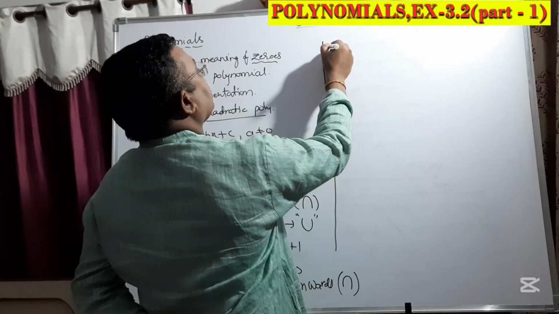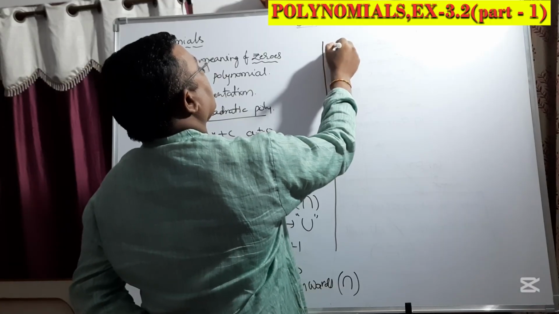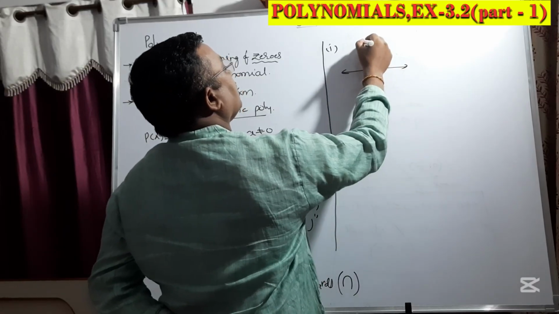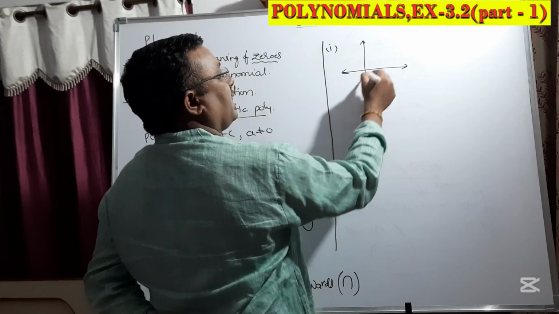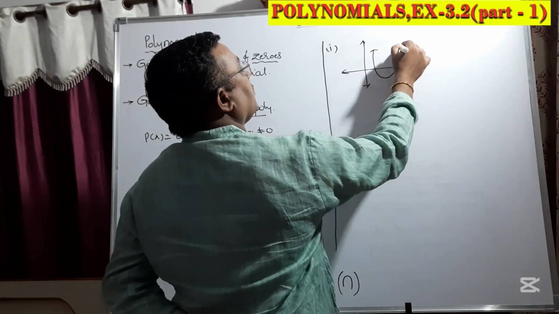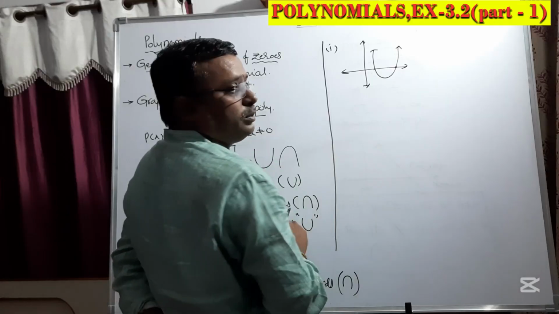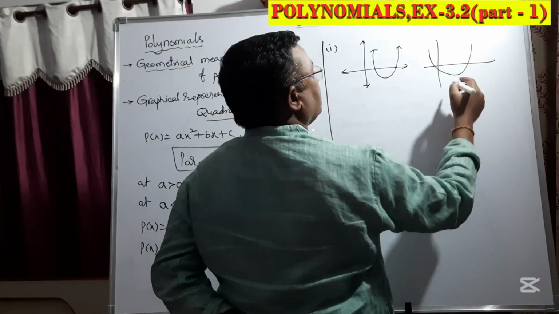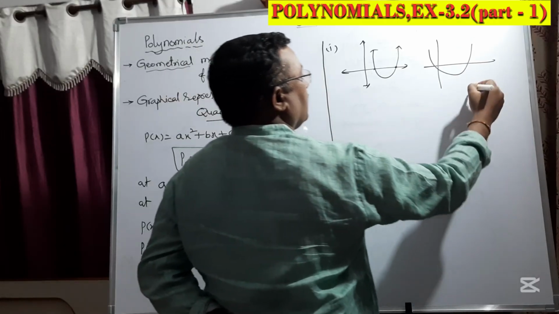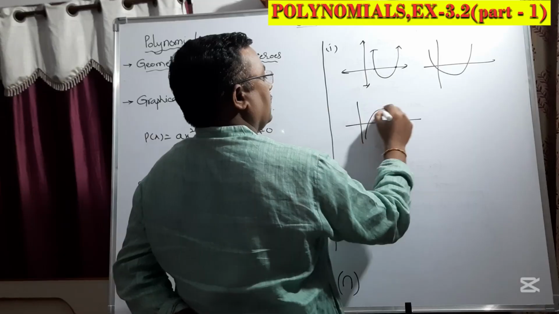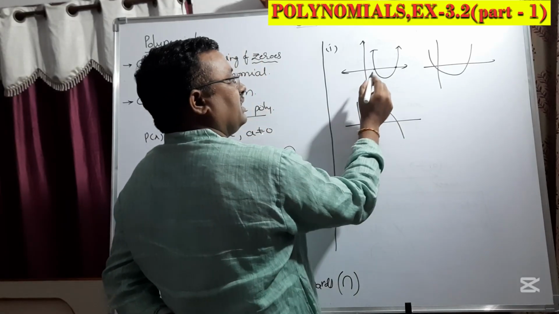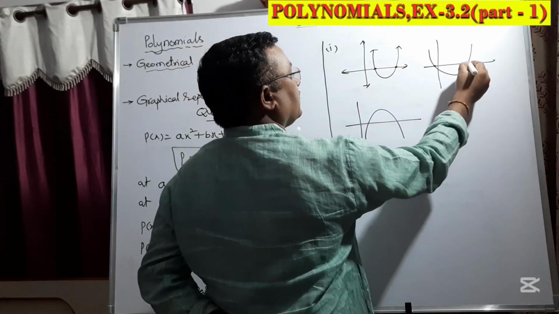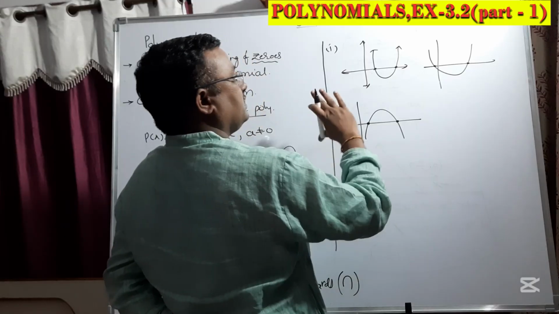First type: in the Cartesian system, the parabola may intersect the x-axis at 2 points, like this, or like this, or like this. In all these, the parabola intersects the x-axis at 2 points, here and here. This is one category.